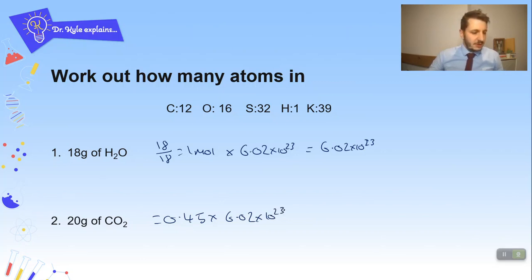So if I go times 6.02 times 10 to the 23 equals, and that tells me that in 0.45 moles of carbon dioxide I have 2.74 times 10 to the 23 atoms or molecules of carbon dioxide. Really well done if you got those right.